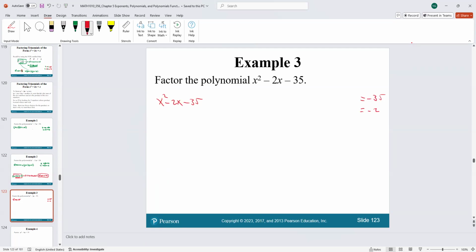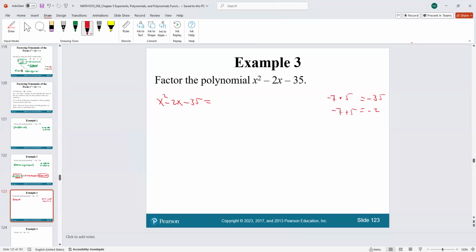Now, 35 has only two factor pairs. 1 times 35: if you do negative 1 minus 35, that would be negative 34. You don't need 34, but you have 5 times 7, so you can have 5 times negative 7 or negative 5 times 7. Because we need negative 2, we can say it's negative 7 times 5, which gives you negative 35, and negative 7 plus 5 gives you negative 2.